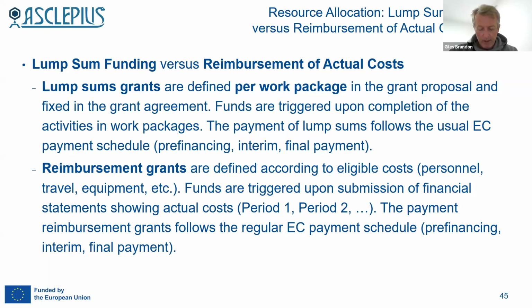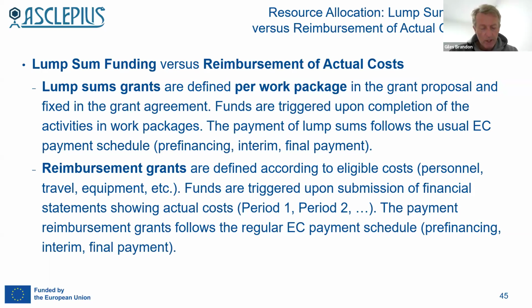Why am I laboring this? I'm going to be saying some more on the slides about this. What one needs to understand is that before Horizon Europe, in the previous framework program, virtually all the projects were reimbursement grants.